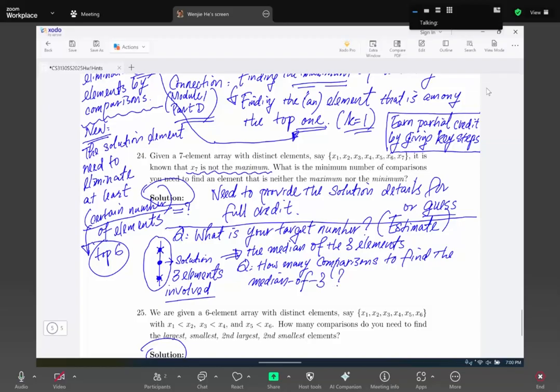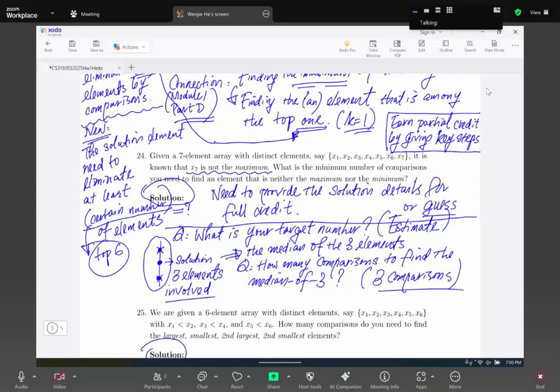Easy question. You can solve it easily. So the answer is three comparisons, because you can sort three elements, then the one in the middle is the median. And you cannot do better than three.